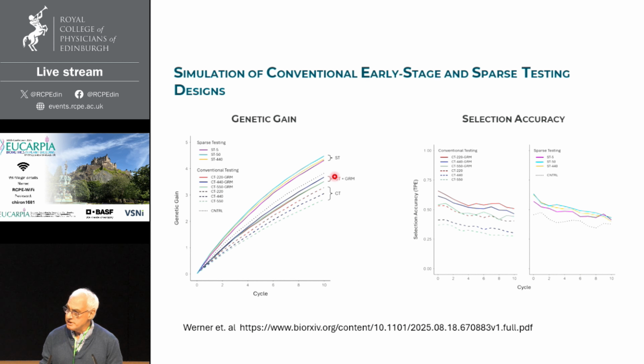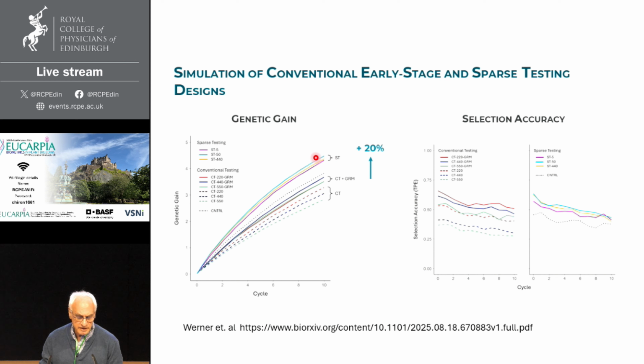Adding the genomic relationship matrix into those, selecting on the basis of GEBV, increased gains modestly, but with no cost except for the genotyping. It's worth doing that. But the sparse testing designs increased gain by about 20% in total over the program.